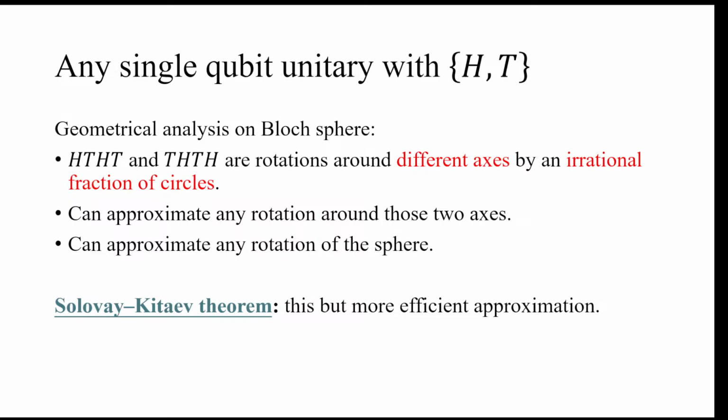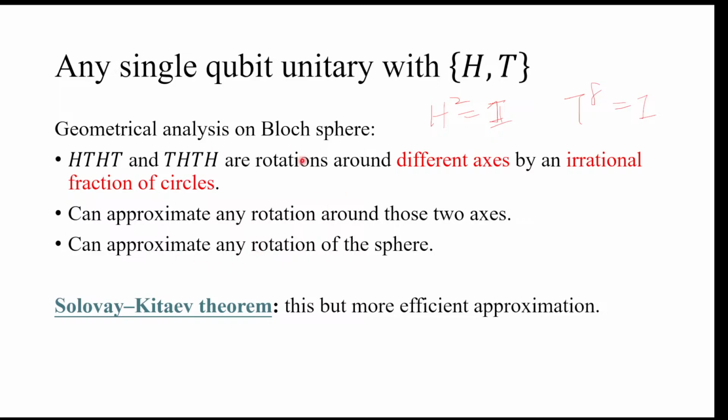Because H and T as rotations are basically rational rotations, because we know H squared equals identity, and T to some power is identity. Okay. And yeah, so if you do it enough times, you go to identity. But those two gates have an irrational degree of rotation.